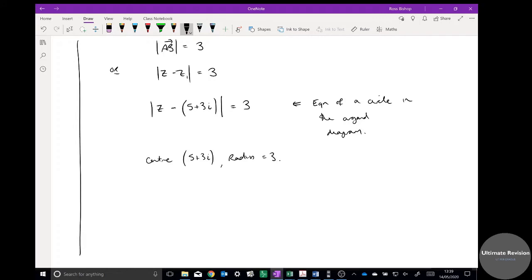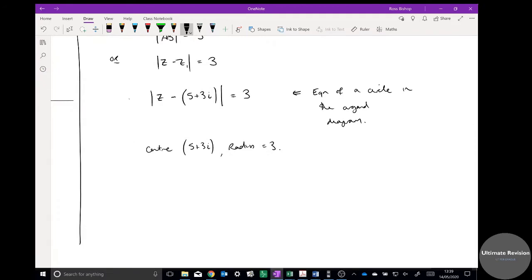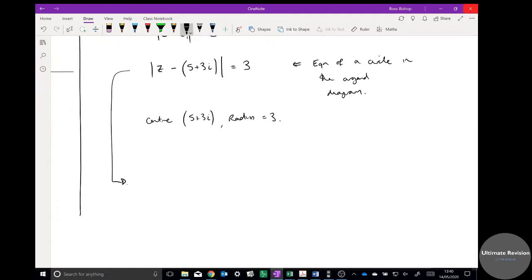Now, at this point, I could even go back to the Cartesian form. That's the complex form. If I was to convert this to Cartesian, I know the modulus of a complex number.